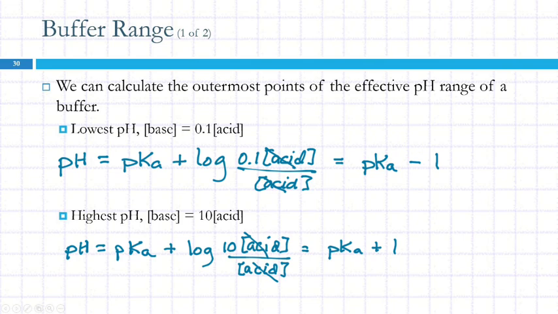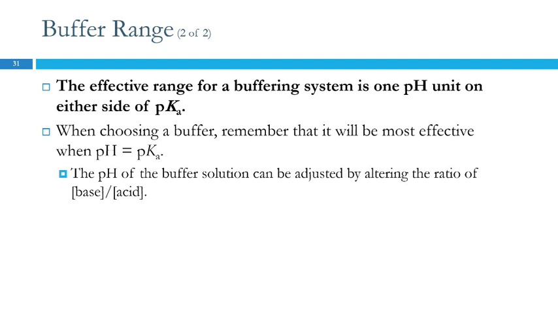So this becomes a guideline if we're trying to choose what sort of a buffer to use. We're going to choose one that has a pKa close to what we want, and we know it'll be effective within plus or minus 1 pH unit. So the effective range for a buffering system is 1 pH unit on either side of the pKa.